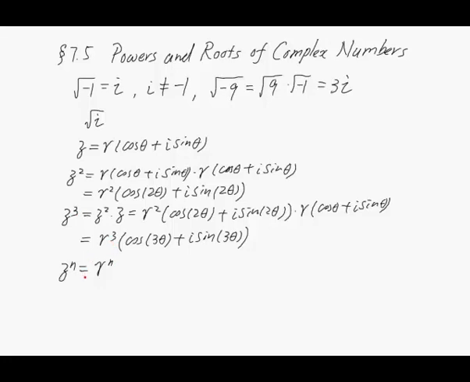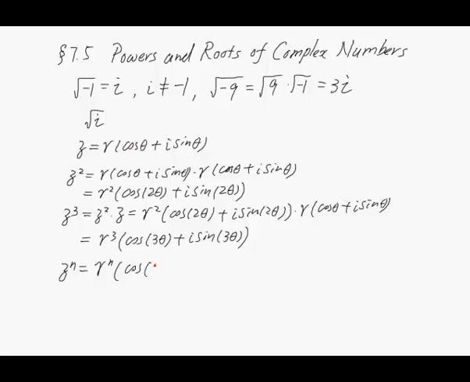So if you have z to the nth, then the modulus of this nth power of z is equal to the nth power of the modulus of the original complex number. And then similarly, the argument should be n times the argument of the original number, right?